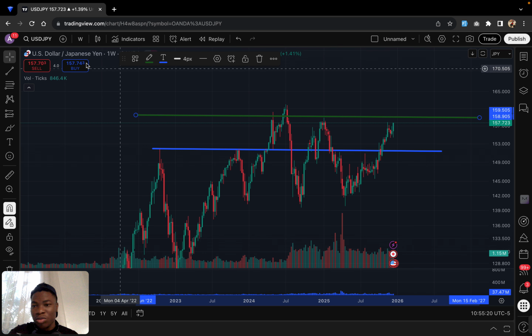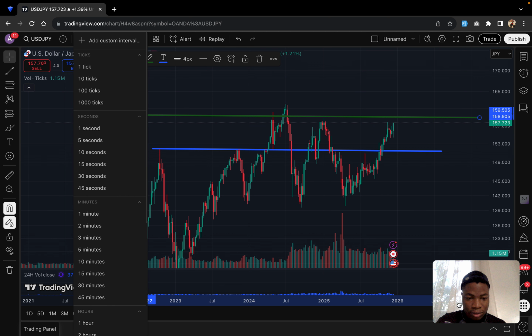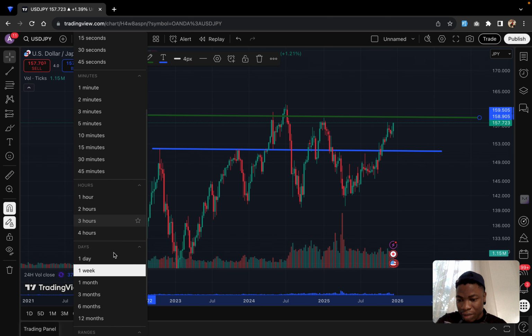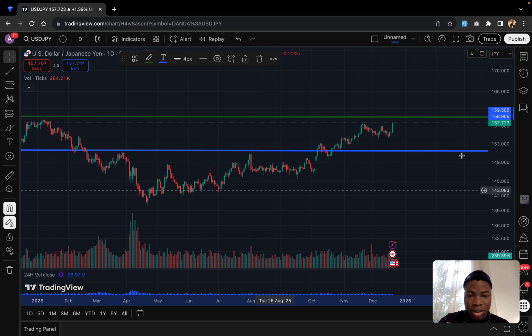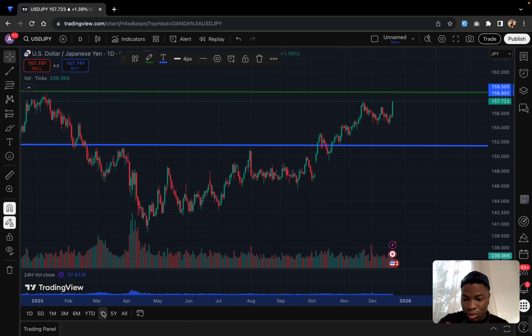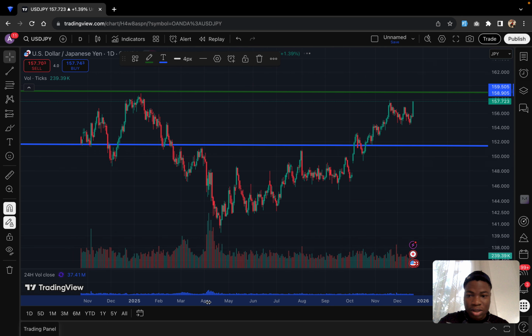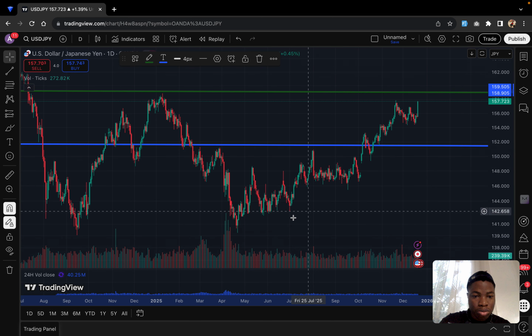So now let's move to the daily time frame. We are currently on the daily time frame, so this is the chart on the daily. You can see that the daily is also bullish, and this is also a strong support.